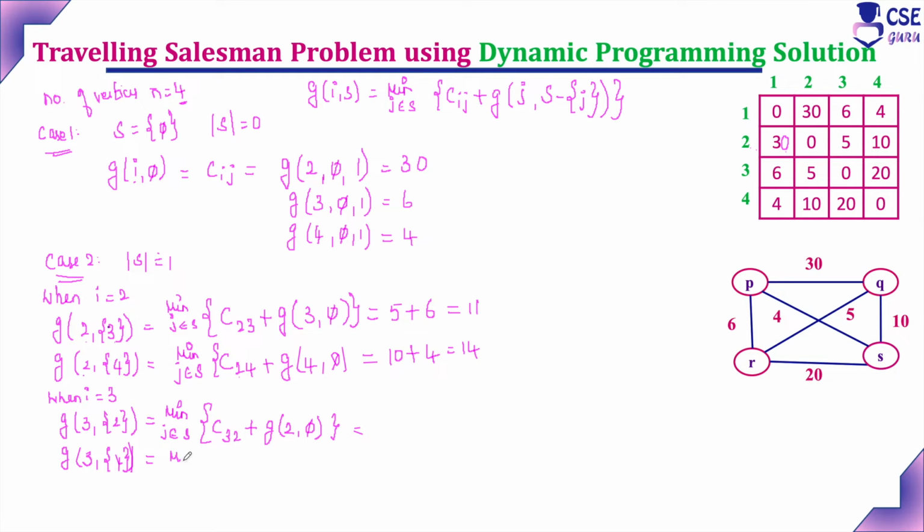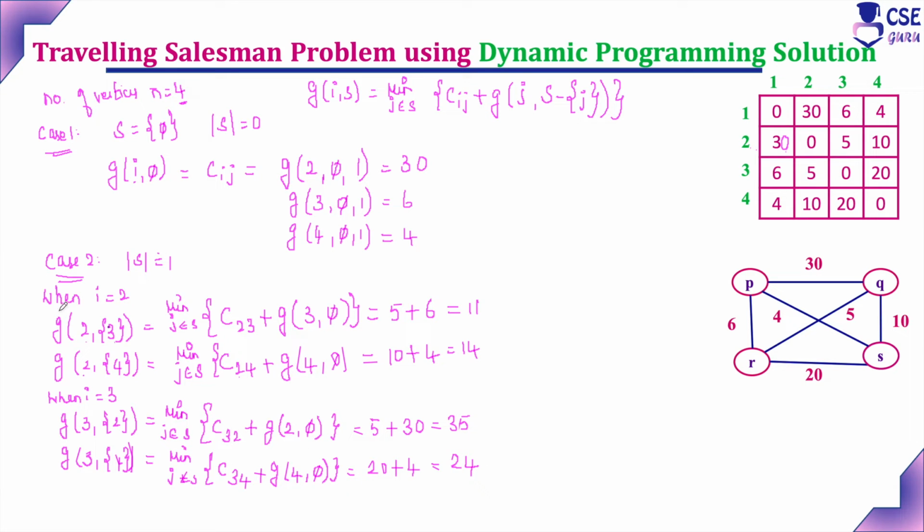And for this one, minimum of J belongs to S, C34 plus G of 4 comma empty set. So 3 to 2 cost is 5 and 2 comma empty set the cost is 30. So here we will get 35. And similarly here 3 to 4 cost is 20 plus 4 comma empty set cost is 4. So he will get 24.